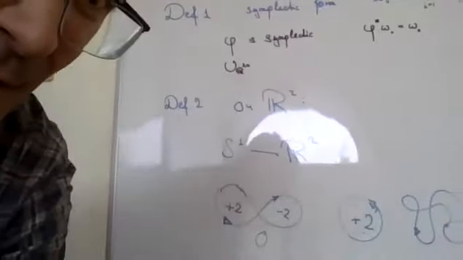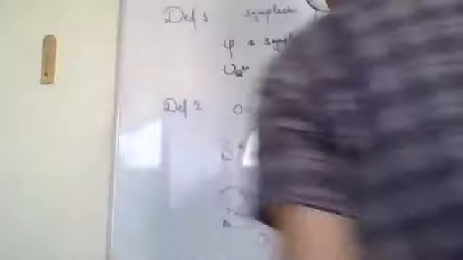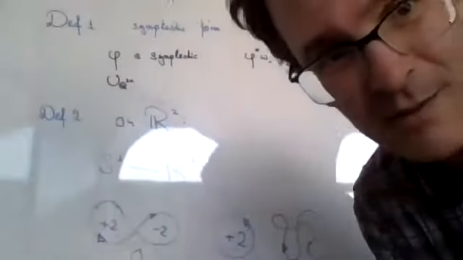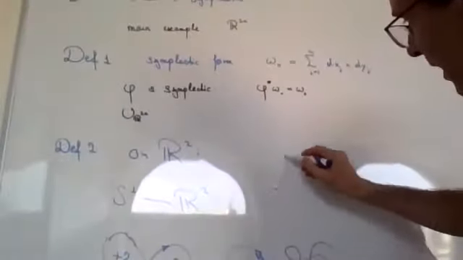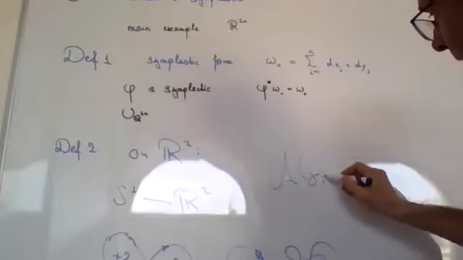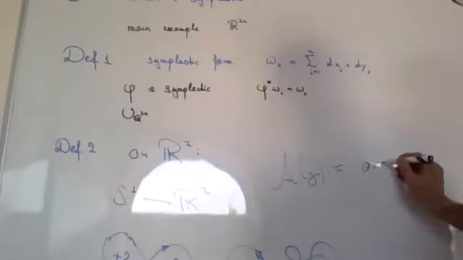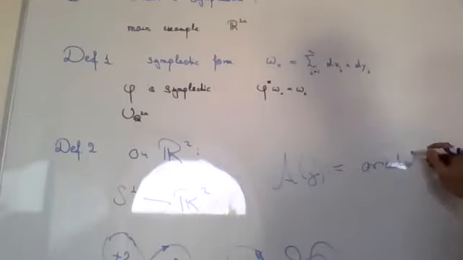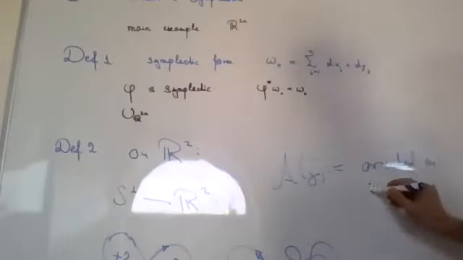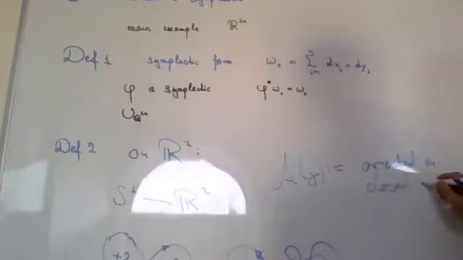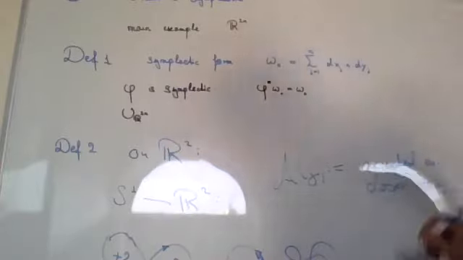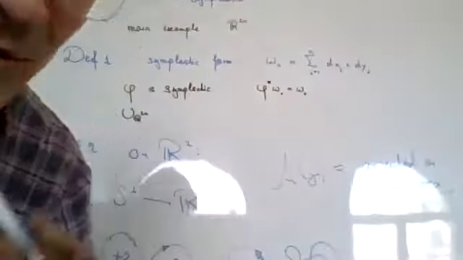So for every such immersed curve, we look at this oriented area, the area of the curve, which is the oriented enclosed area. Fine. So this is a symplectic structure in the plane.